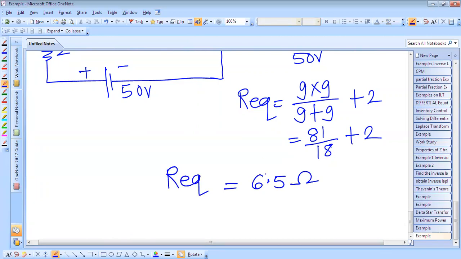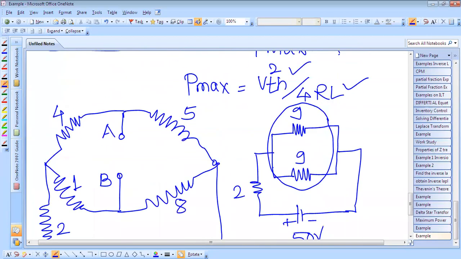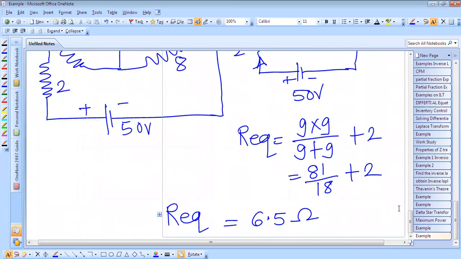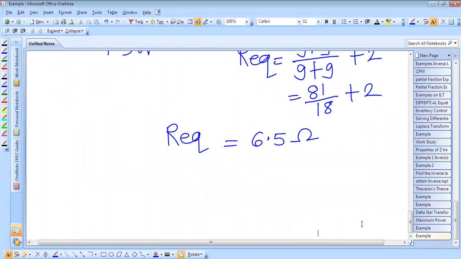And now we have to find the current. What is the current flowing through this? You know the total resistance is now 6.5, and you also know the voltage source. So the current I is equal to total voltage source, 50 upon 6.5.